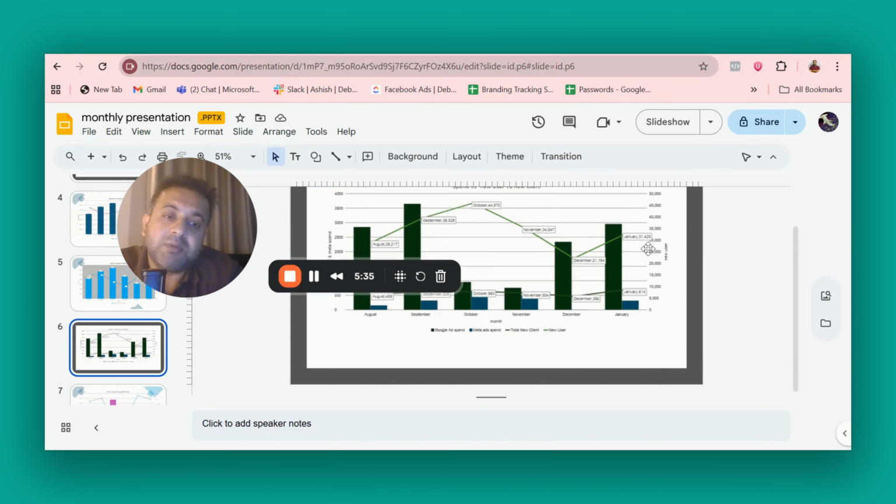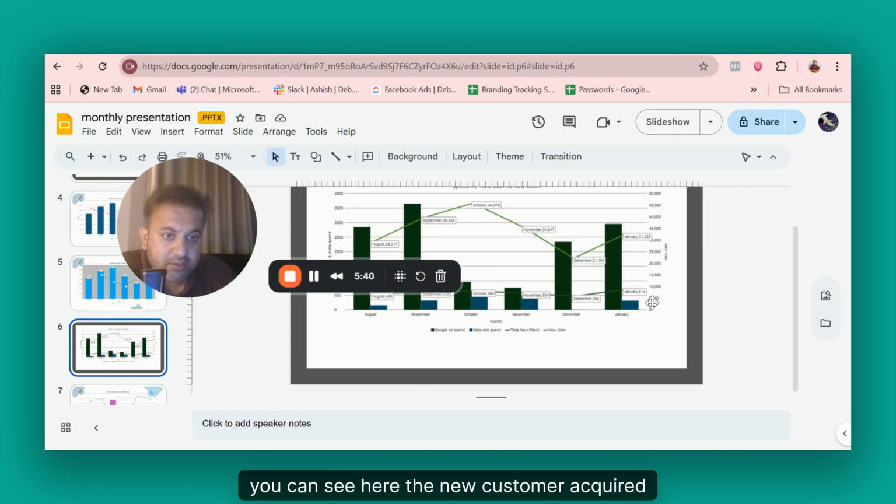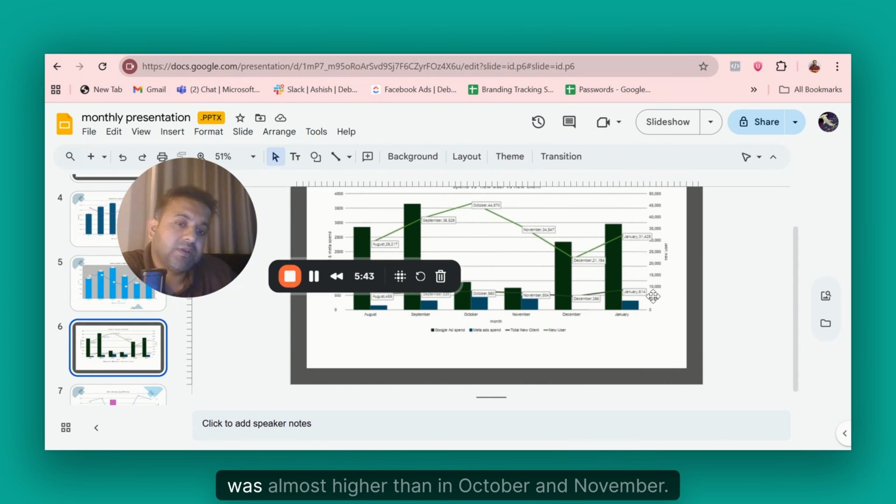You can see the new customers acquired were almost higher than in October and November, but the quality was good in October and November and bad in January.